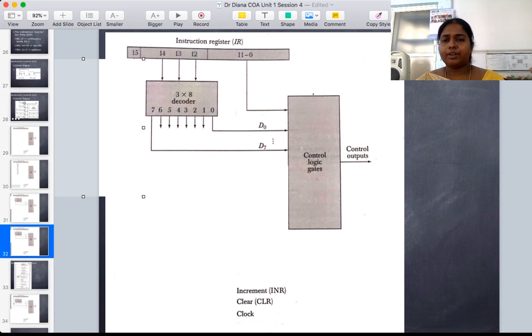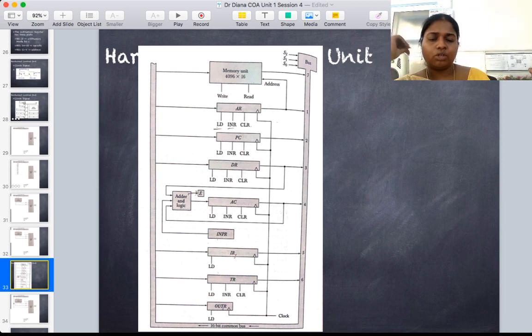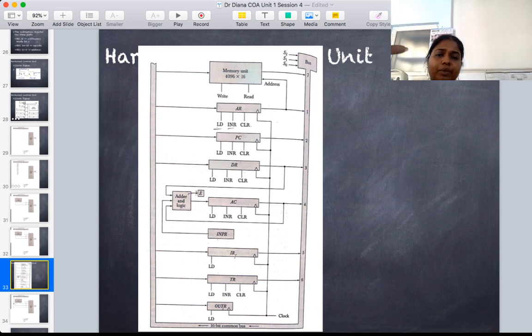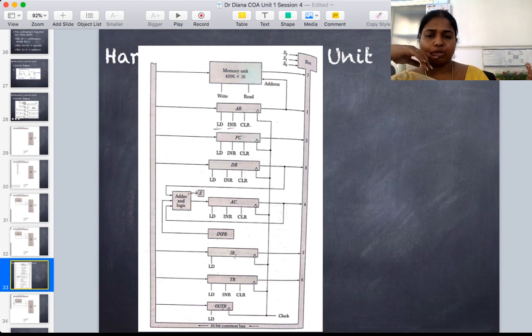Now, when we look into the addressing mode, I need to place the address and I need to access some data. For accessing, we are going to use the common bus system. Imagine this is the bus system. All the units are connected to the common gray color wire that is shown around, which is called the common bus. This common bus uses some signals to identify each unit.